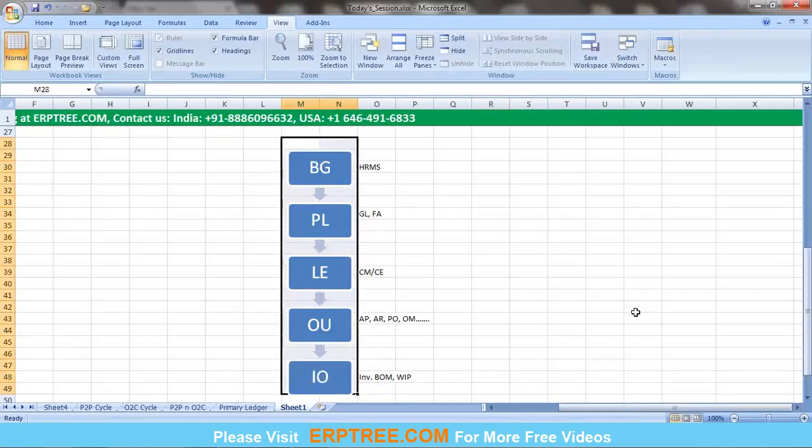When you look at the multi-org structure on one side, and on the other side at the applications we are going to use in the system process, those applications will be mapped at what level? So these are the levels. Just try to remember these points. Don't try to understand in more detail now, we cannot understand yet. Once we get into the application and start working on the process, you will be able to connect whatever we are discussing now.